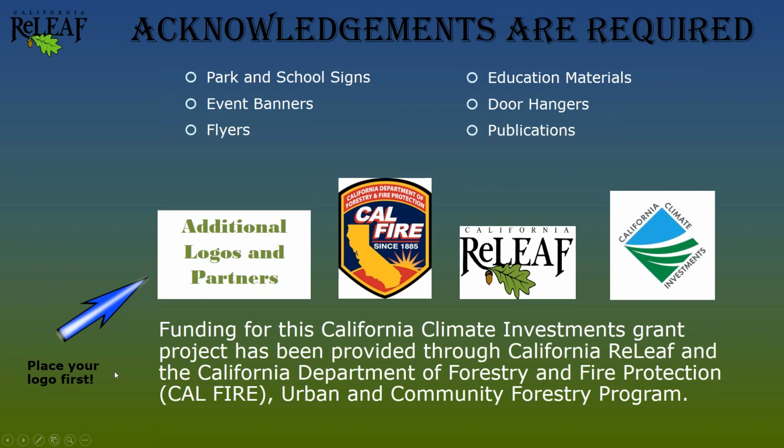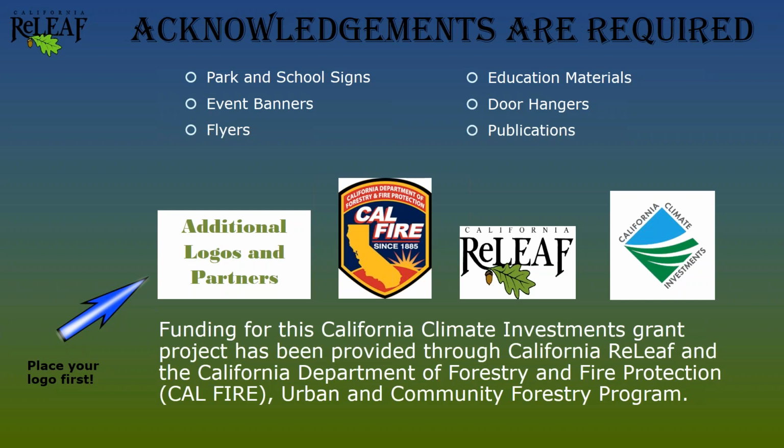Acknowledgements. I think one of the areas where people have not been following their contract is on their signage. And actually some groups haven't even spent the money that they requested for signage on an ongoing basis. But that's a part of this grant, that our grantees do acknowledge where the funds came from. And you can be unique. I know I visited EcoSlow, and they put little signs on each of their trees that show where they got it.